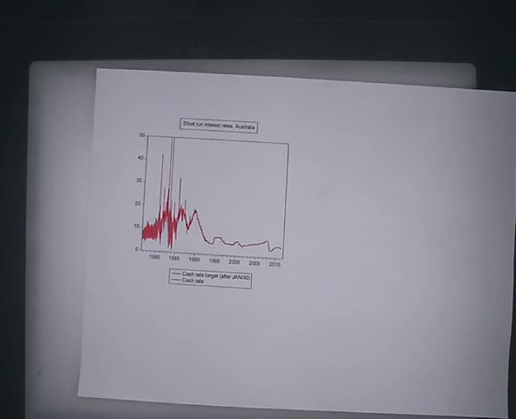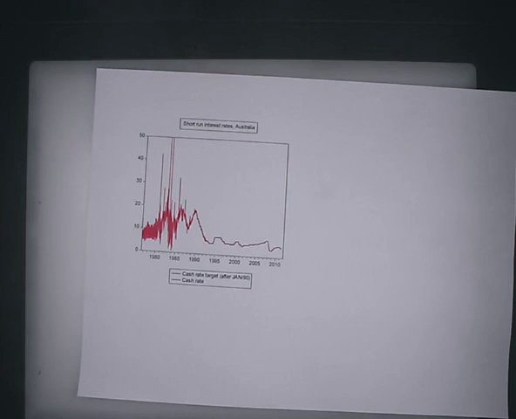Before the central bank was targeting an interest rate in Australia, the cash rate fluctuated quite a bit. They were targeting the money supply, but since demand went up or down, the cash rate was pretty volatile.